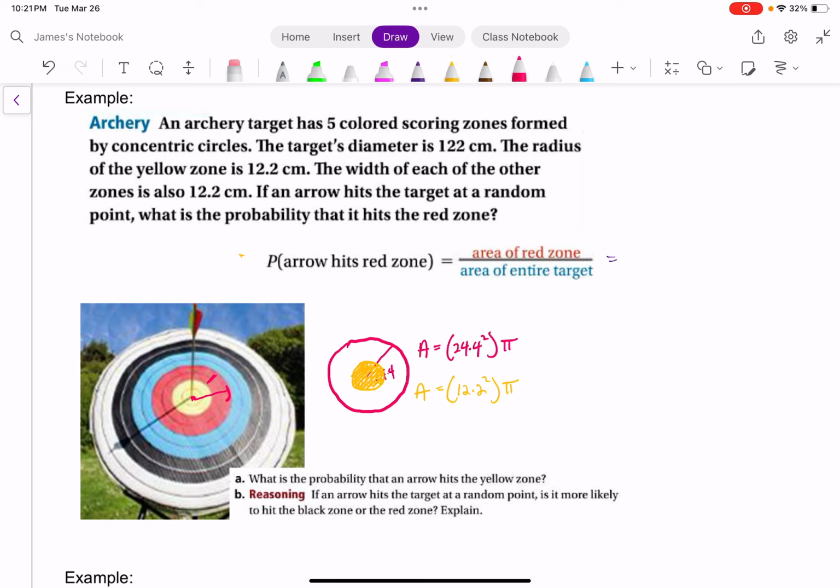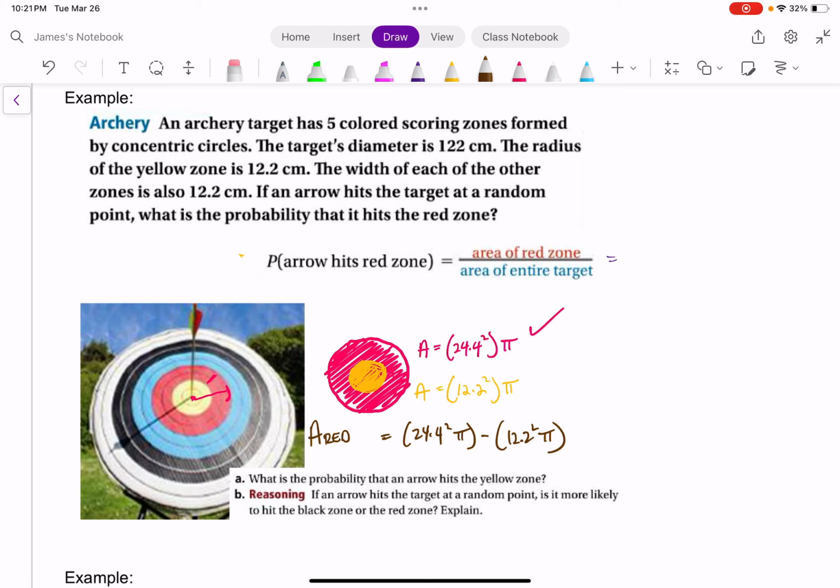So if I know the area of this one here, which is that area right there, and I know the area of that yellow one, if I subtract those, if I go 24.4 squared pi minus 12.2 squared times pi, that should give me the area of the red.